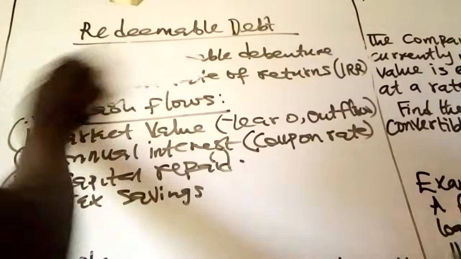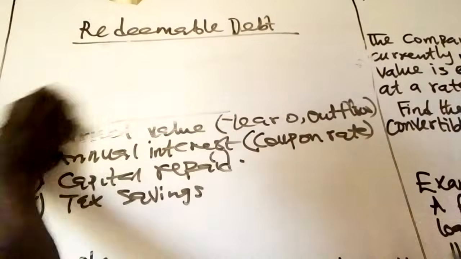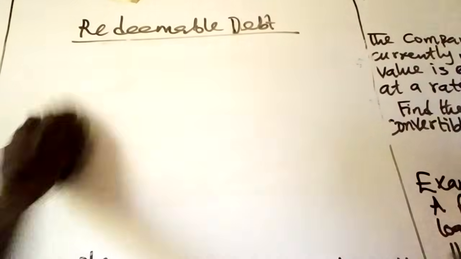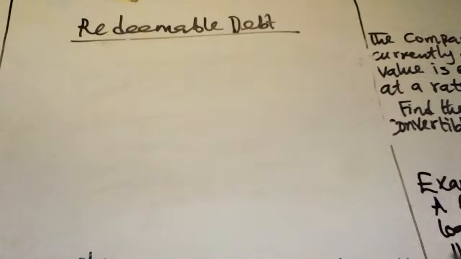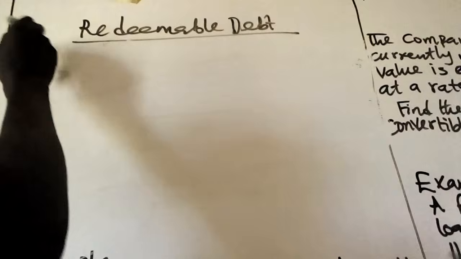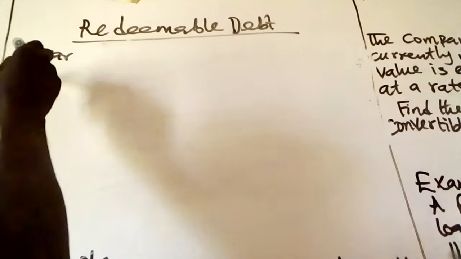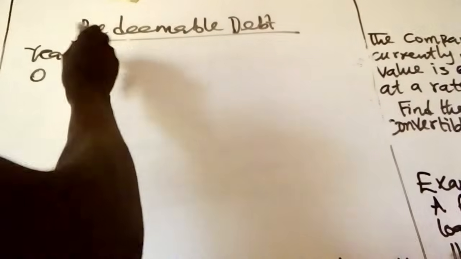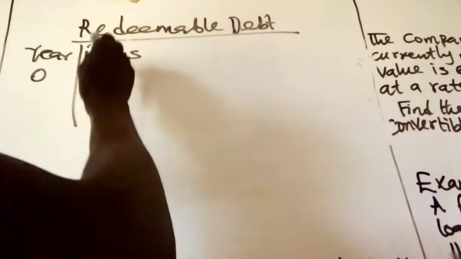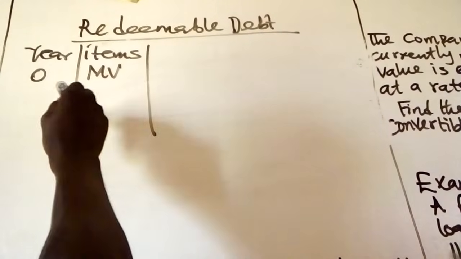So you are going to discount these cash flows to get the net present value. For your IRR or the NPV, in year 0, you have the market value.